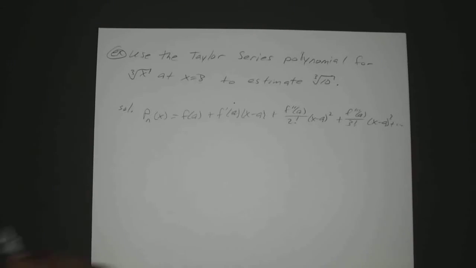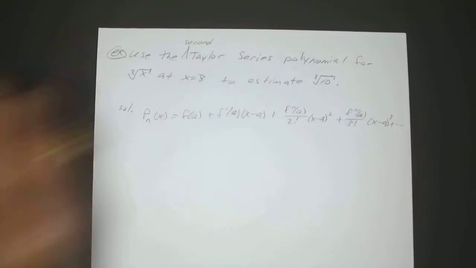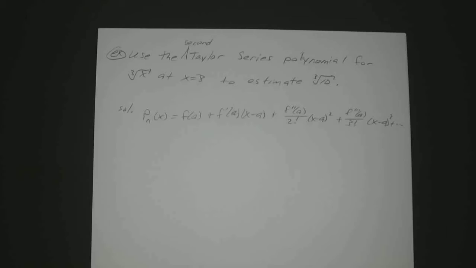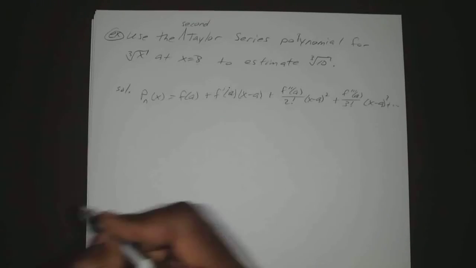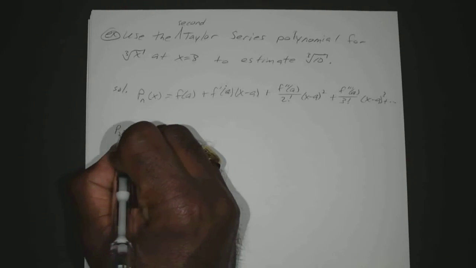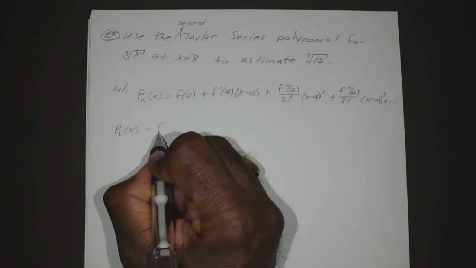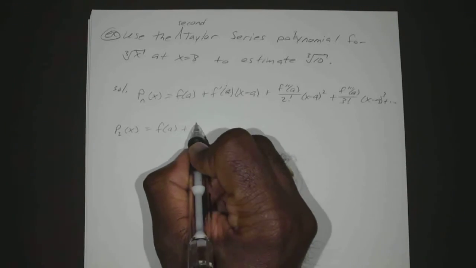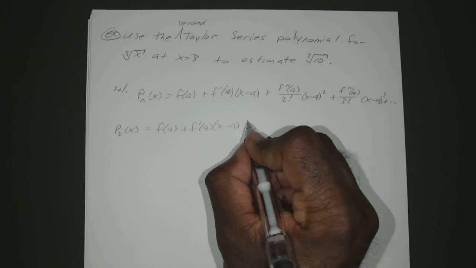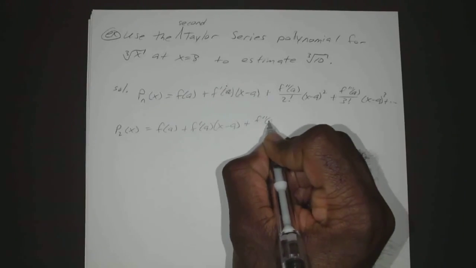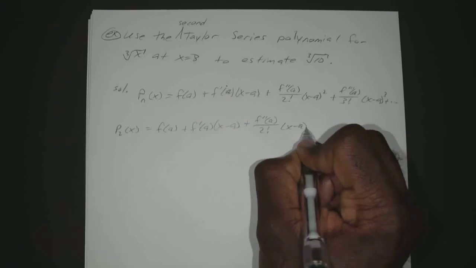Nope, actually it said use the second, which means we only need our P sub 2. I think I skimmed over that word a little too fast. So our P sub 2 of x is just going to be f of a plus f prime of a times x minus a plus the second derivative of a over 2 factorial times x minus a squared.